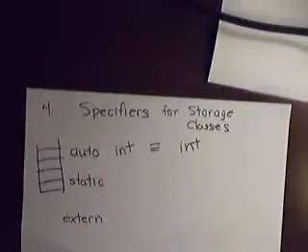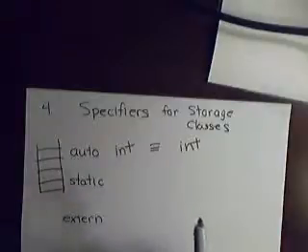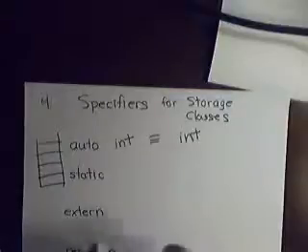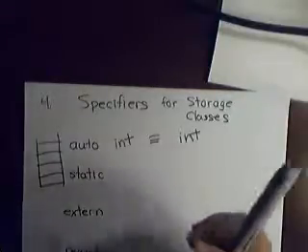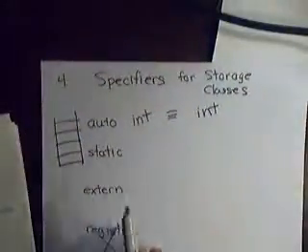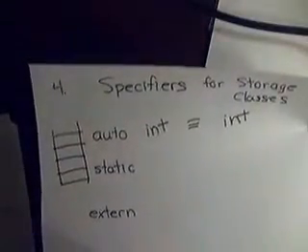When you use these storage specifiers, you are telling the compiler how you want your variable to be stored in memory. When you say auto, this implies that the variable is going to be stored as soon as the program enters the main function, or any function in C. Any variables declared within the function are going to be created instantly.